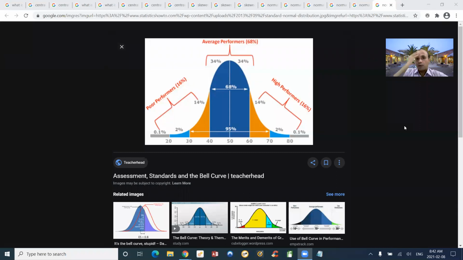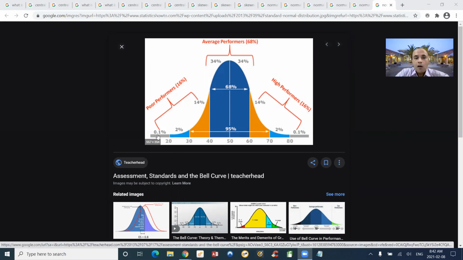This is an example. It's not entirely correct, but it helps me to explain what I mean. Imagine that these are the grades of the students from 0 all the way to 100. Let's assume that we are allowed to consider discrete grades below 50.